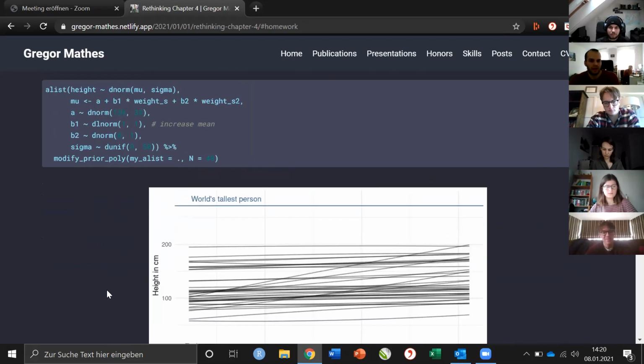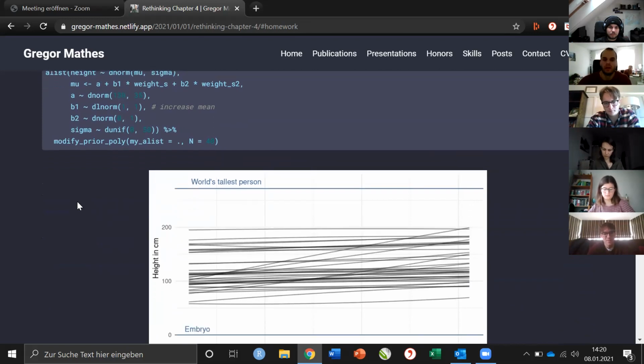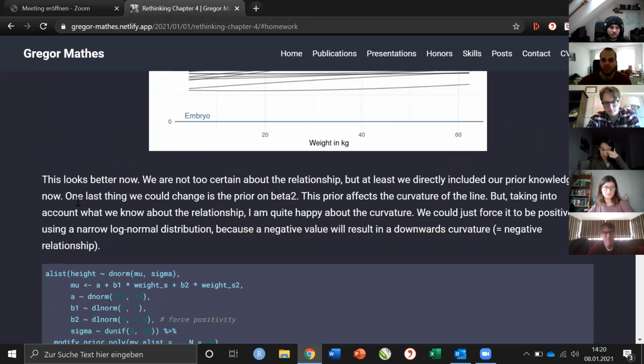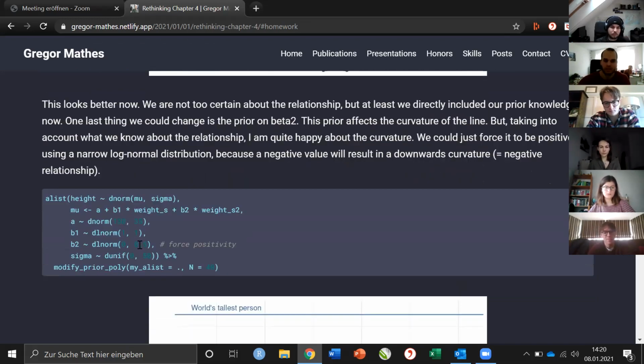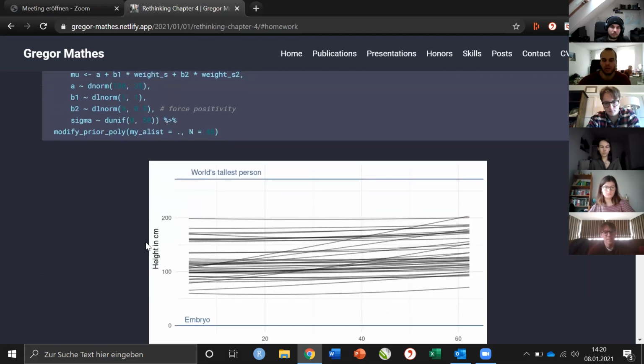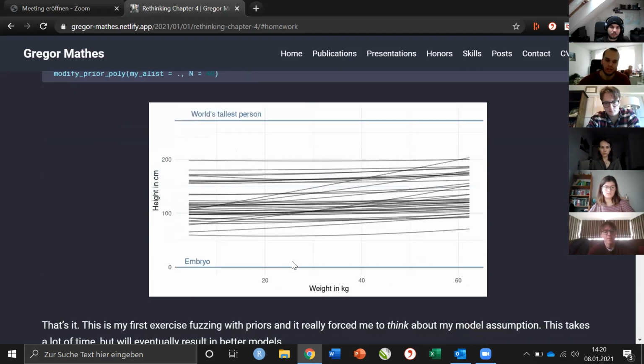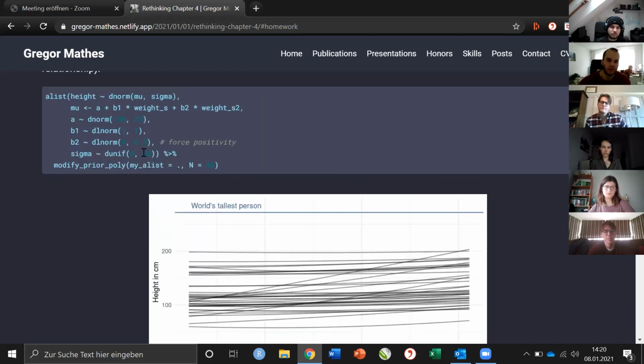But as beta 1 and beta 2 are both equally affecting the slope of the trend line in the end, you should basically adjust the second beta as well to get some curved relationships between height and weight. And this is what I just did here.